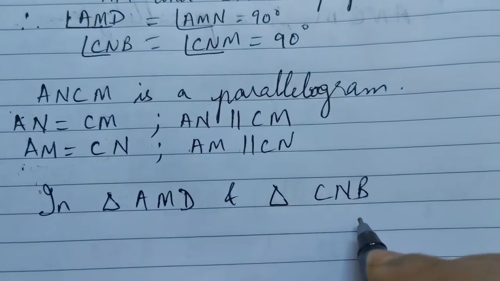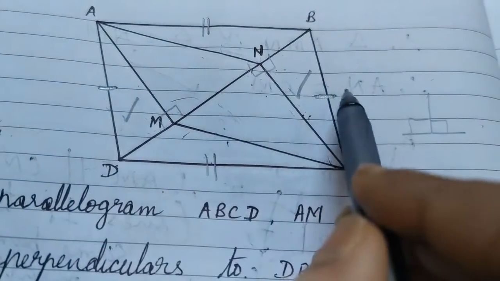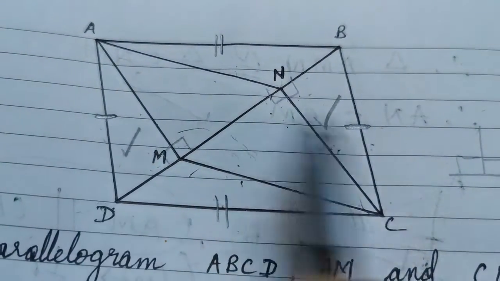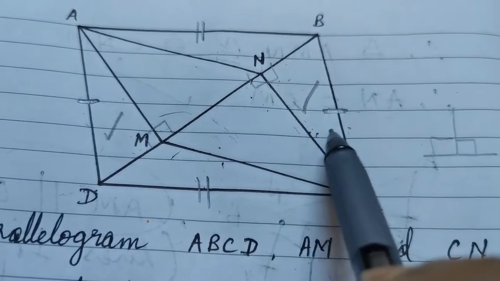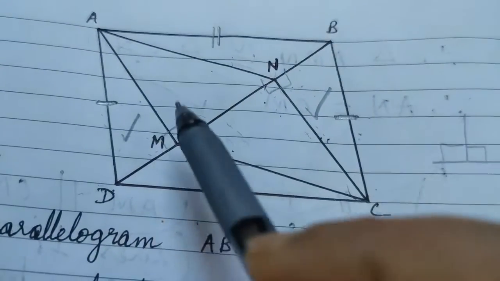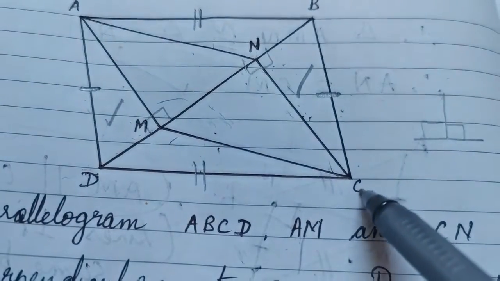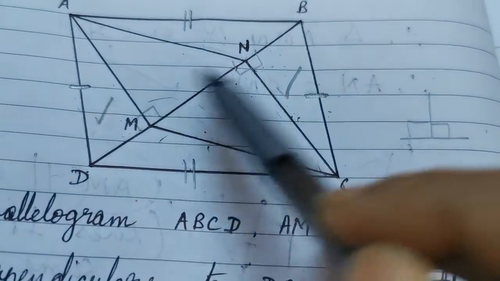So in triangle AMD and triangle CNB, I have the opposite sides equal. AD and BC are equal because they are opposite sides of a parallelogram ABCD. Therefore, the side AD in this triangle and the side BC in this triangle are equal. So, AD is equal to BC. Another thing is, angle AMD is 90 degrees and angle CNB is also 90 degrees. They are angles in each of these triangles.